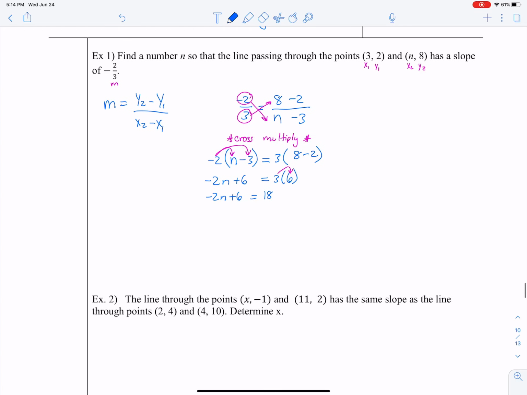All right, so the next thing we want is to have n by itself. So if we want to have n by itself, we need to move everything else over to the other side. Okay, so we are going to move any numbers that don't have a letter with them. We're going to move those first, and we're going to save the number that is stuck to the n till the very last step. So first we're going to move the 6.